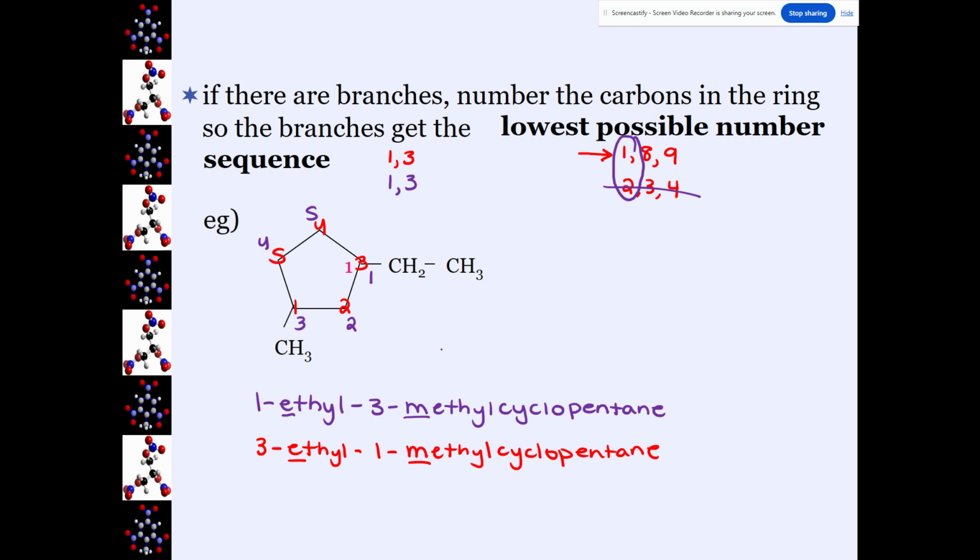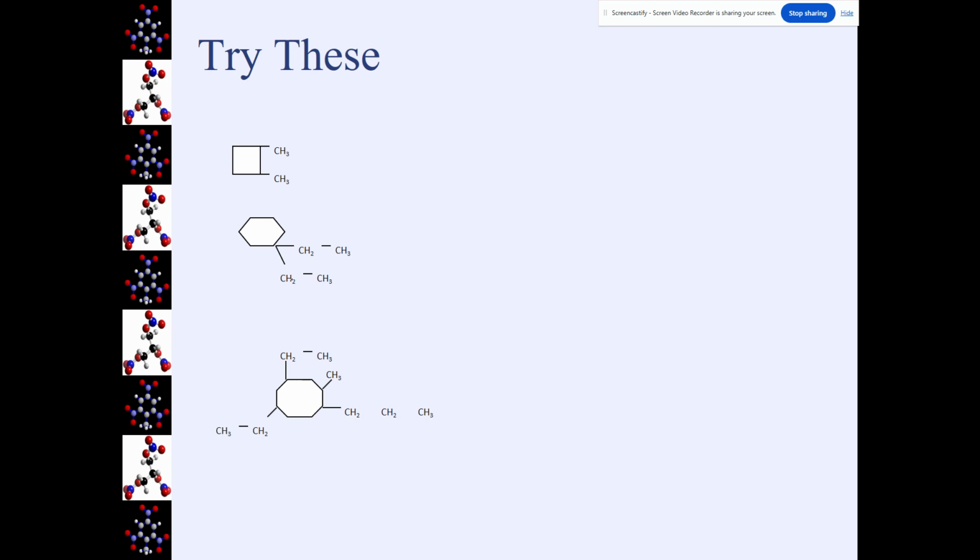Okay, let's look at some more examples. I will go 1, 2, 3, 4, or the other way would have been 1, 2, 3, 4, same thing. Maybe pause this video, try these on your own, and see if you can number them in the proper way.